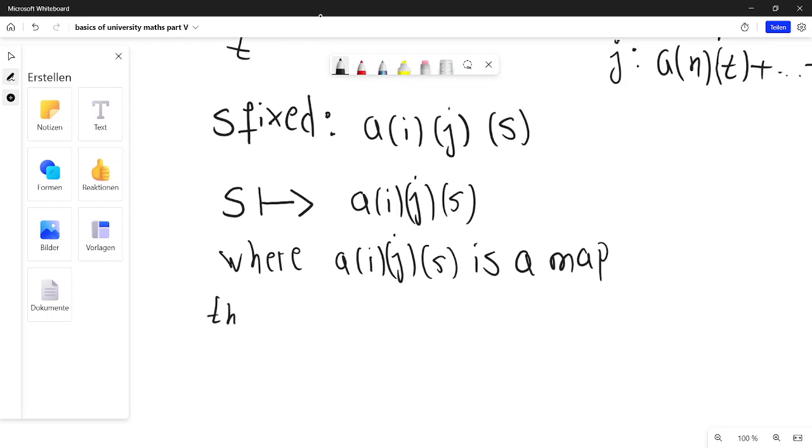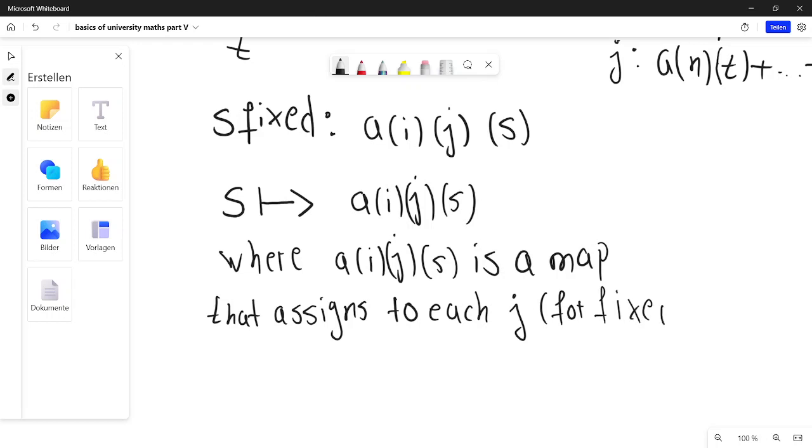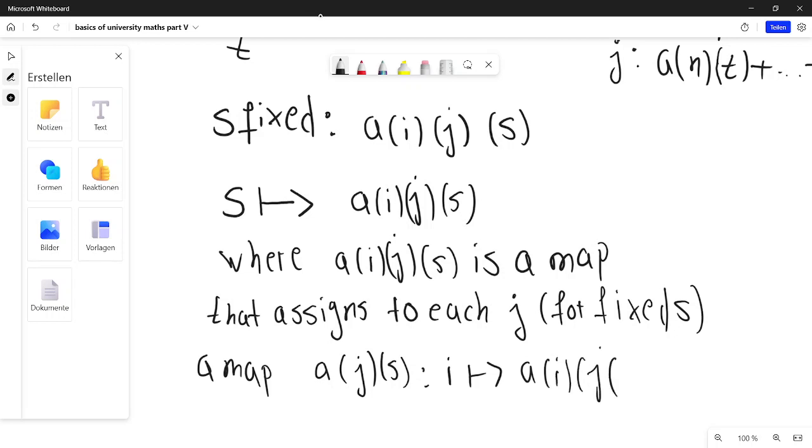is a map that assigns to each j, for fixed s, for this fixed single s, and for each of them, to each j, a map, which is mapped to a of I of j of s.